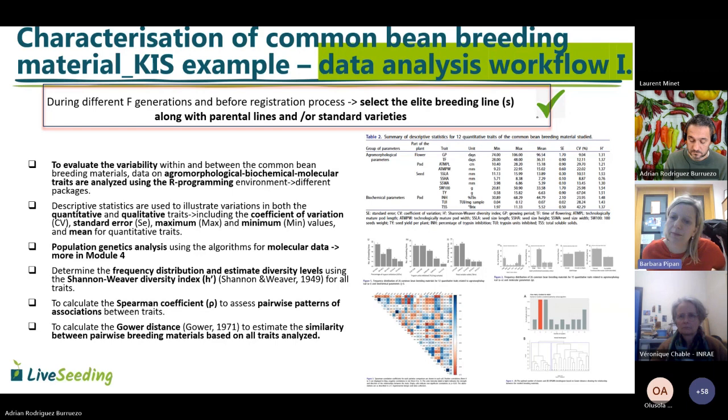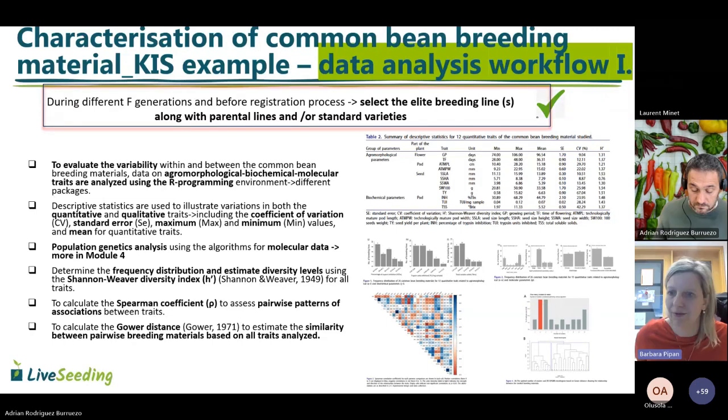We are using R because you can combine it with different packages to do different types of analysis, and you can be more flexible, but all the other statistical programs have the same algorithms and the same formulas implemented, so it's not important.